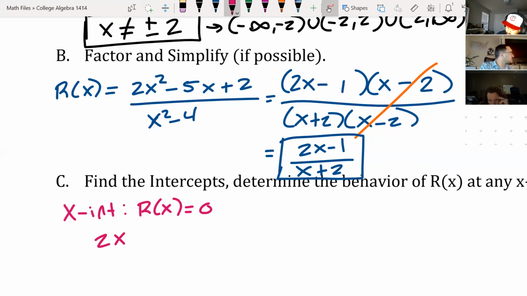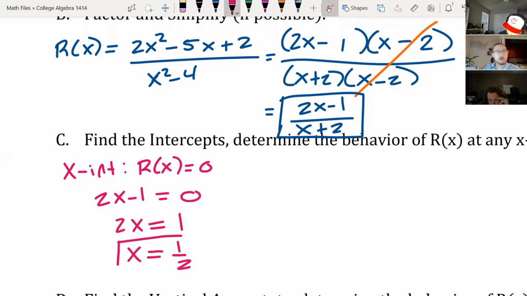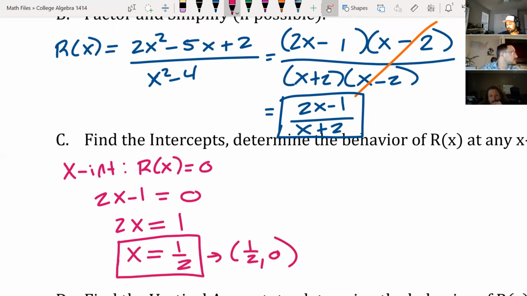So you just take 2x minus 1, set it equal to 0. 2x equals 1, and x will equal 1/2. We get the point 1/2, 0.